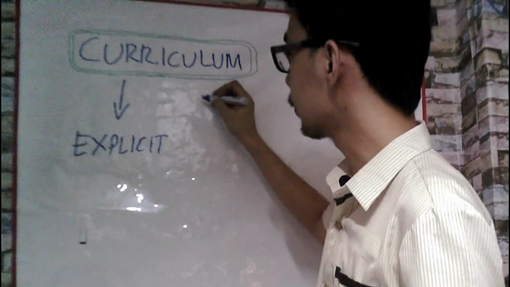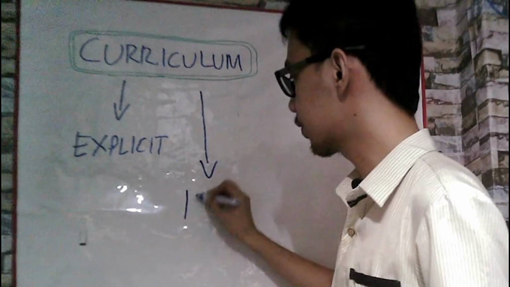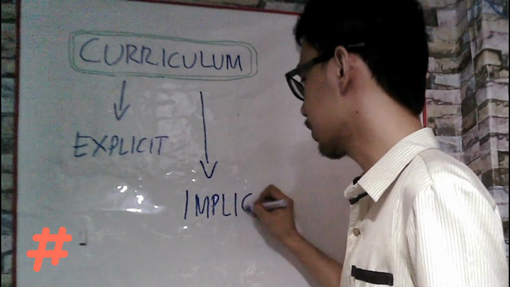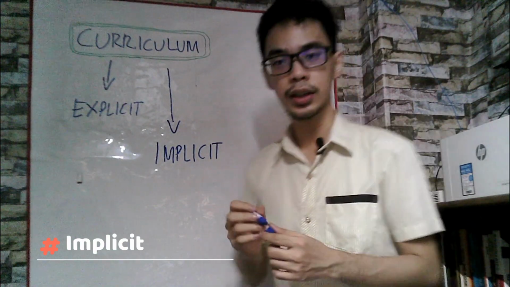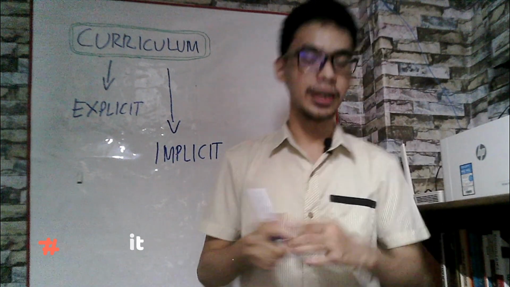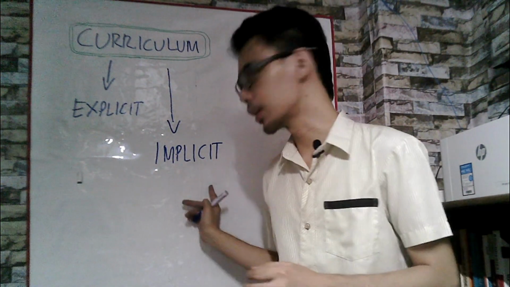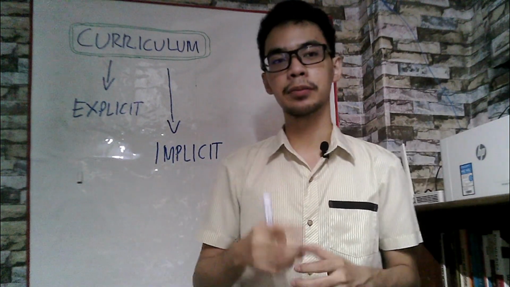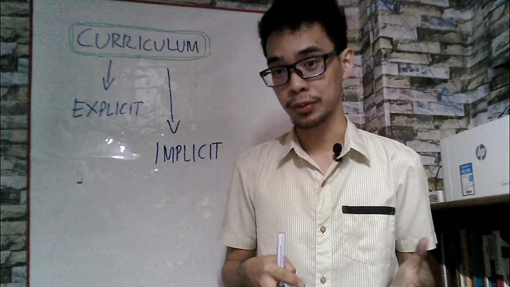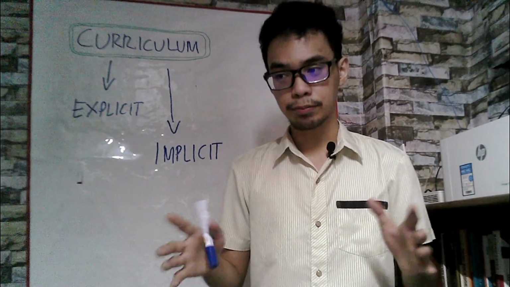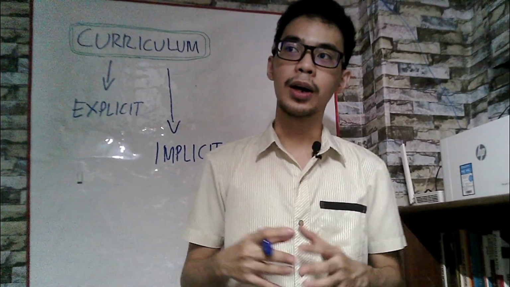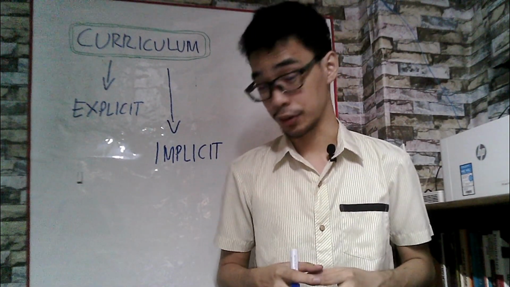We have also another, which is known as implicit curriculum. Again, looking at your dictionary, you would see implicit as something that's not visible. These parts of curriculum are hidden and sometimes taken for granted.